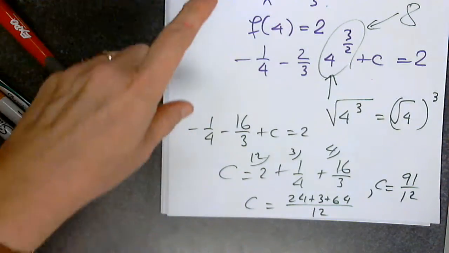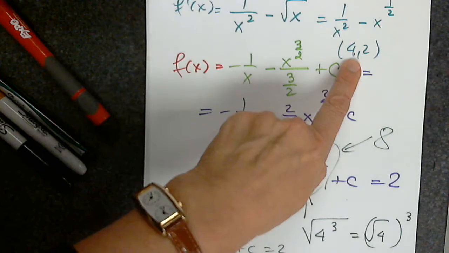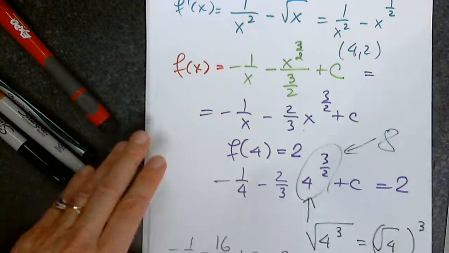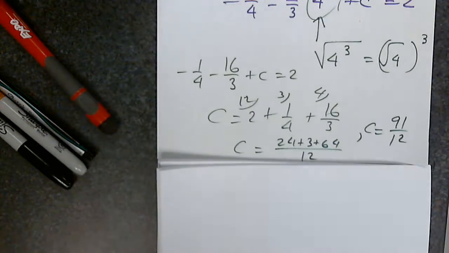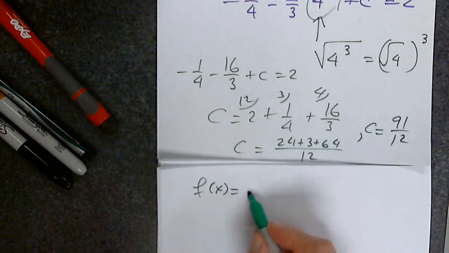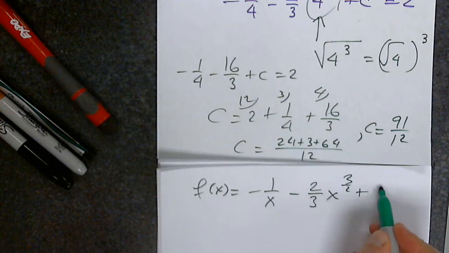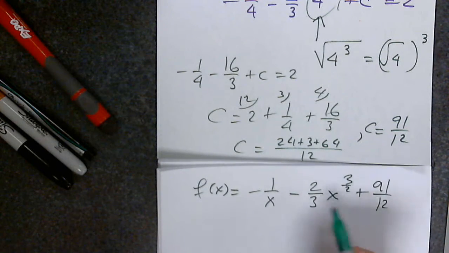So the function whose derivative is this, and the function that passes through (4, 2), is the unique function f of x equals negative 1 over x minus 2/3 x to the 3/2 plus 91 over 12.